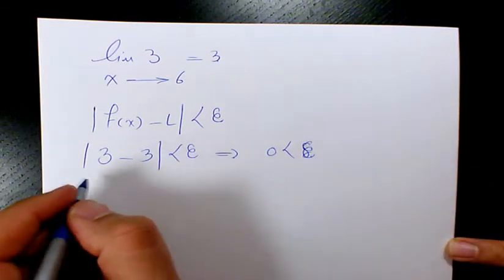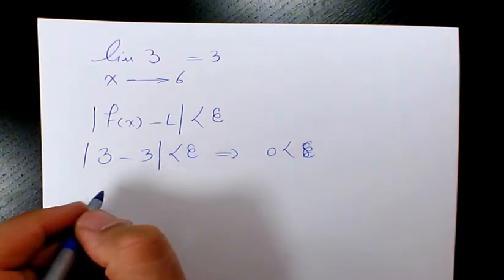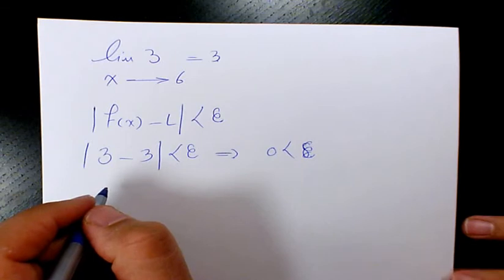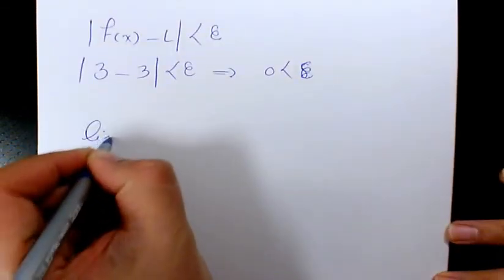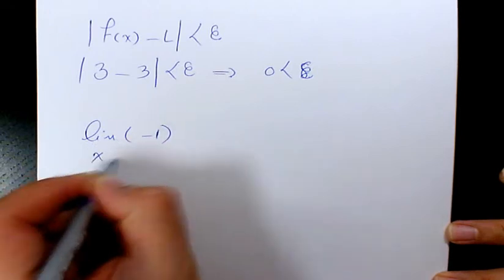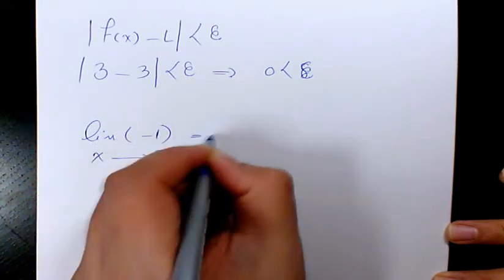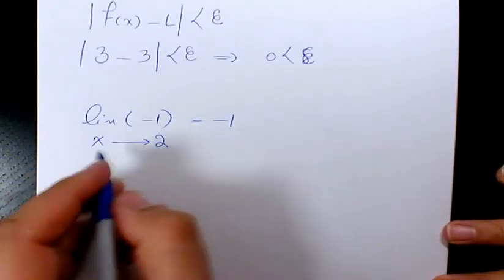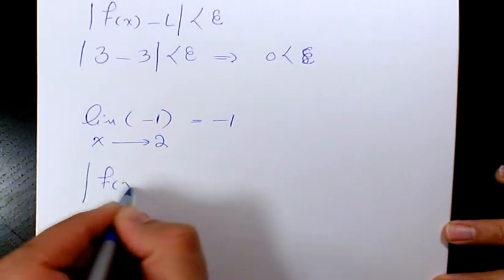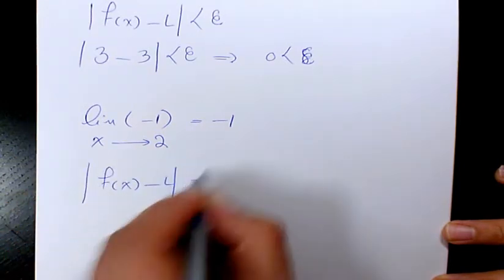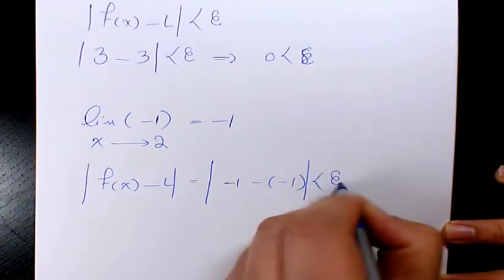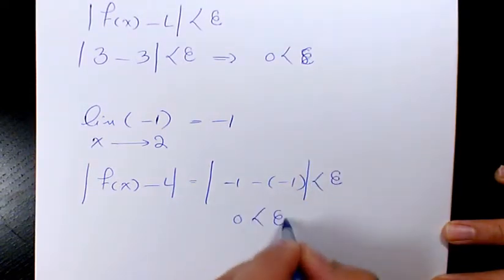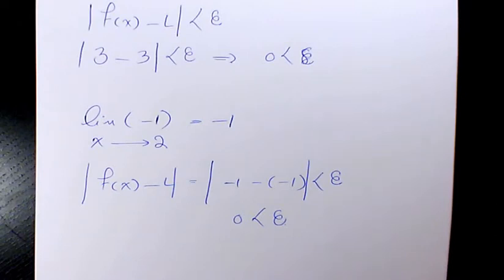So for any positive delta, that's going to work. Next one. The limit of negative 1 when x is approaching 2 equals negative 1. So f of x minus L equals negative 1 minus negative 1 less than epsilon, which is 0 less than epsilon.